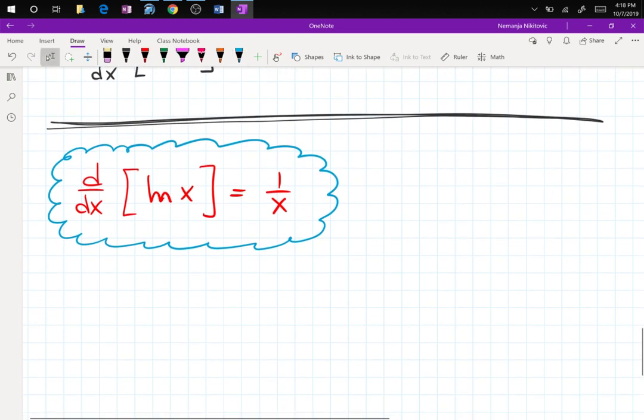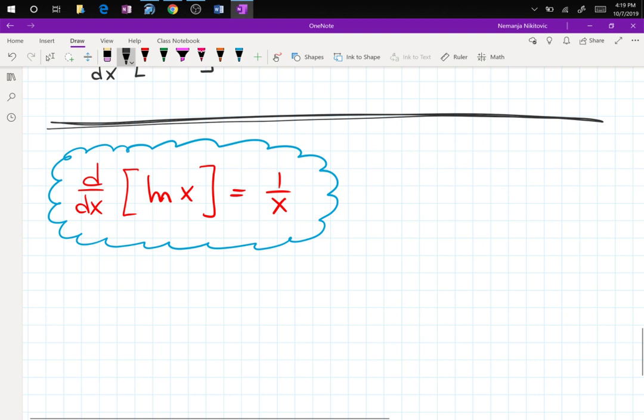The derivative of ln x is 1/x. No examples there, because that's it until we learn more about this.